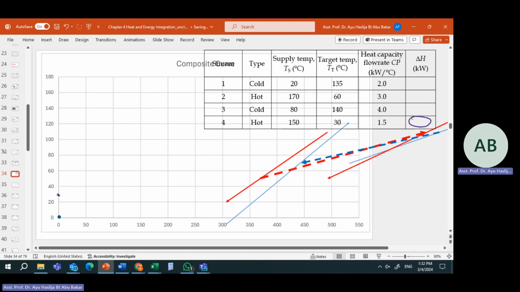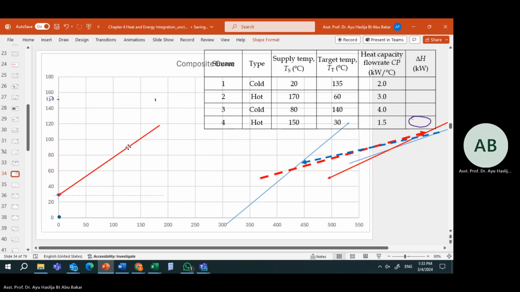Here, the amount of the delta H. Okay, 150 is the y-axis, which we plot over here. But we should know where to put the point. At this 150, where is the x-axis? Based on the delta H value, 180. Okay, so 180 is somewhere here. So drag from 150 to 30.